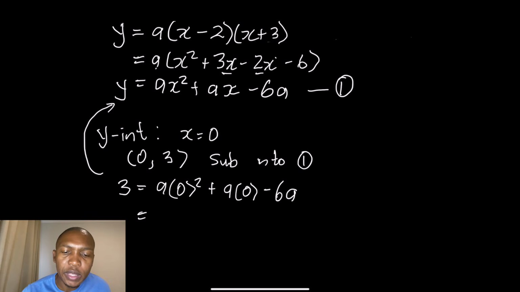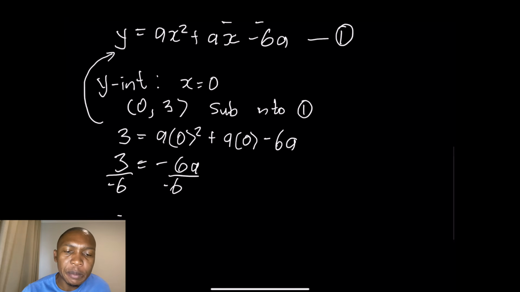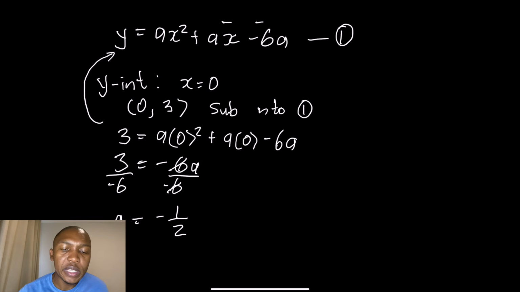I end up with minus 6a, because all of the others are 0, is equal to 3. And so that means that I can divide both sides by negative 6. Ultimately I get that a is equal to negative 1 over 2. 3 divided by 6 will give us a half.